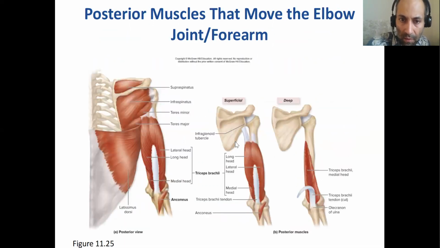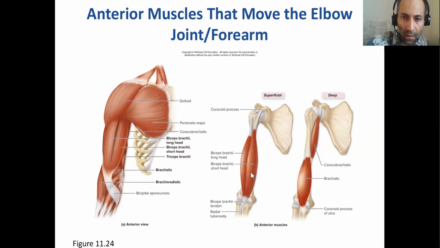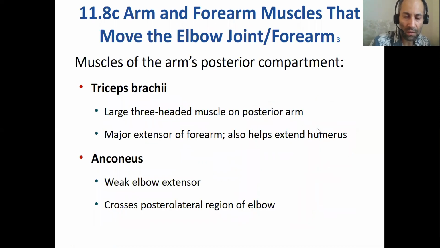So here, this is your extensor compartment, the triceps in the back, and here is your flexor compartment. Flexors here would be your biceps brachii, your brachialis muscle, and coracobrachialis. So these three, biceps brachii, brachialis, and coracobrachialis, are for flexion, as you can see here in the flexor compartment.